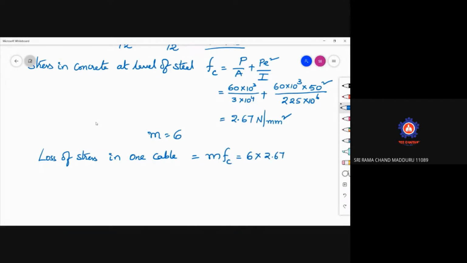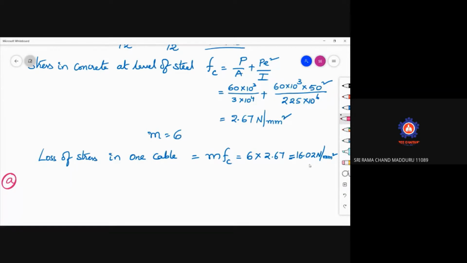You should ask me here, why we are doing only for one cable, why not for all the 3 cables? Because this is the case of post tension, this is not the case of pre-tension. So what is this value? The question they are asking is simultaneous tensioning and anchoring of all the 3 cables.